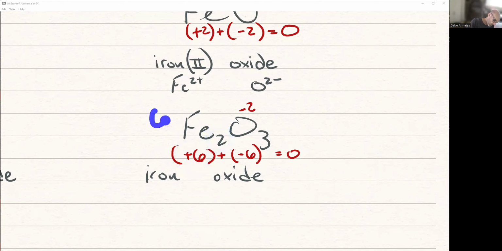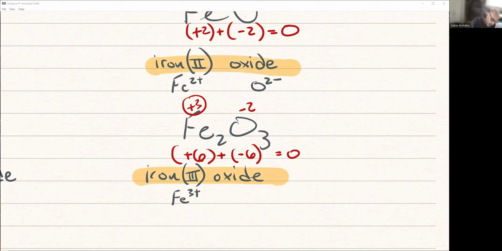So 6 divided by the 2 irons gives me a charge of +3. Therefore, this is iron(III) oxide. Again, iron(III) is simply stating that I have a charge of Fe3+. So the name of this is iron(II) oxide. The name of this is iron(III) oxide. And we're done with that.